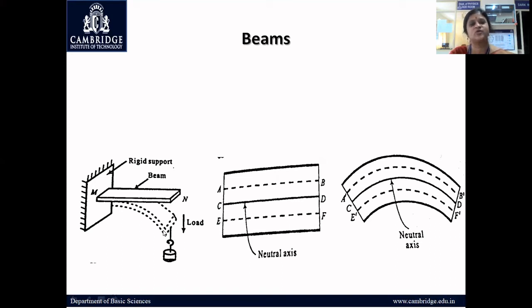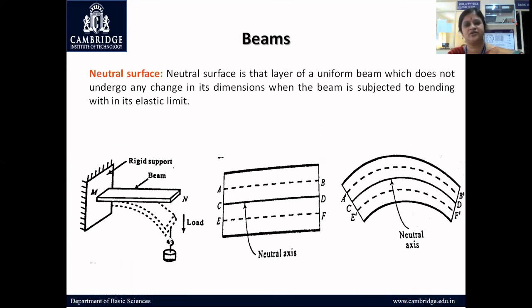That layer is called a neutral surface. So a neutral surface is that layer of a uniform beam which does not undergo any change in its dimension when the beam is subjected to bending within the elastic limit.